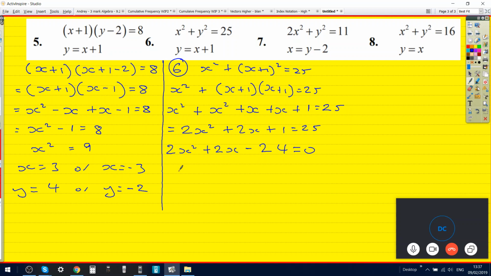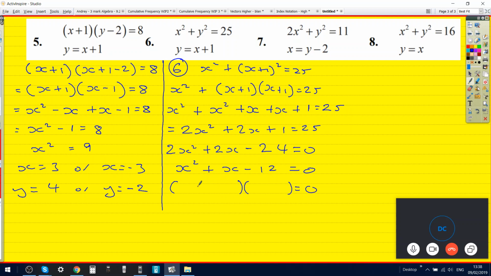And then we can factorize. And there's something you can do to make your factorizing a bit easier. Divide by 2. So that becomes x squared plus x minus 12 equals 0. 3 and 4.